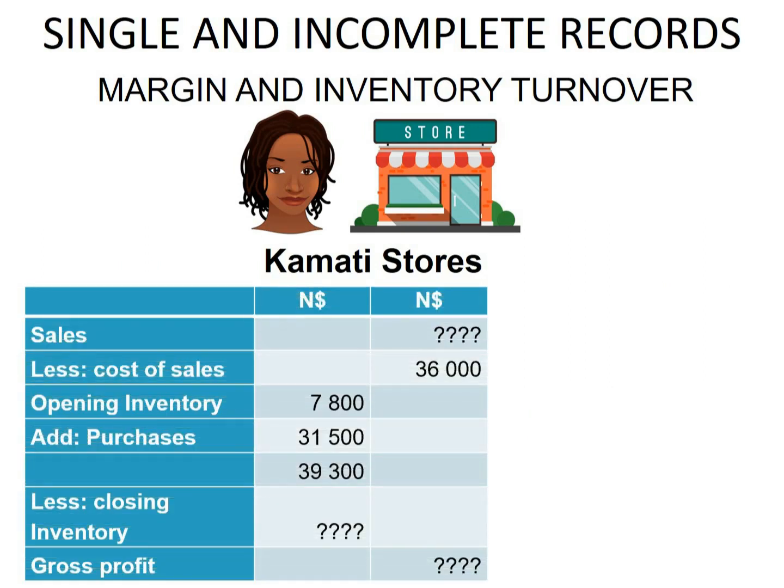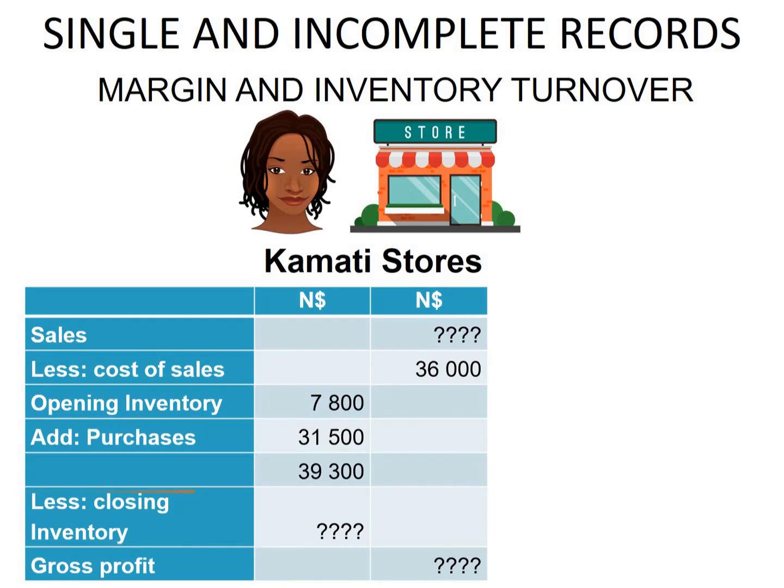As we can see, we have a trading account, but it's incomplete. It's missing some figures. It does not have the sales, the closing inventory, or the gross profit. Now let's use our formulas in order to determine those values. Let's start off with our closing inventory.